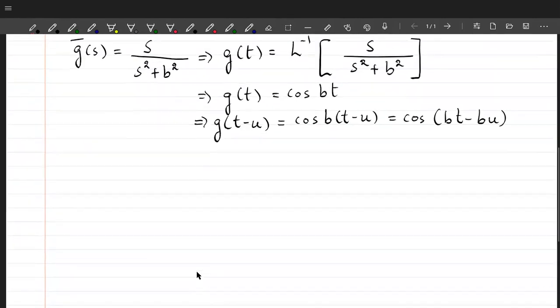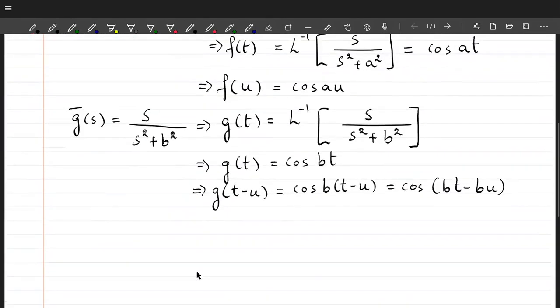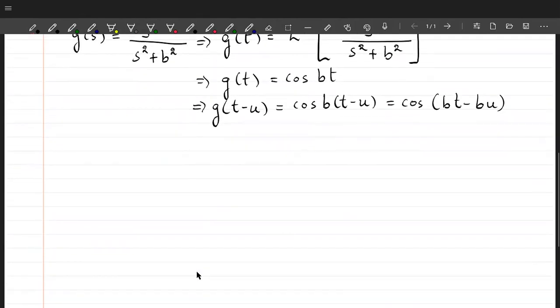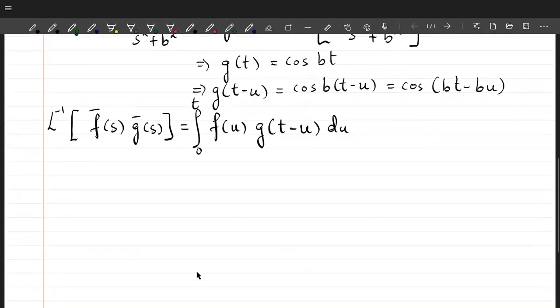So now, in order to get the answer, let's write the statement of convolution theorem. The statement says that Laplace inverse of f bar of s multiplied with g bar of s is equal to integration from 0 to t f of u into g of t minus u, and these two terms are being integrated with respect to variable u. So let's put the value.